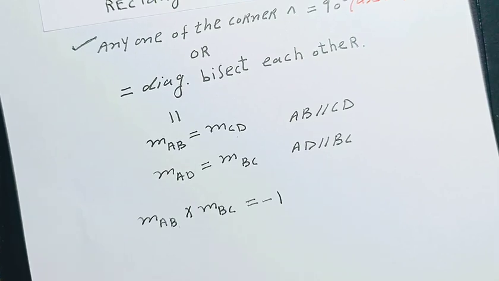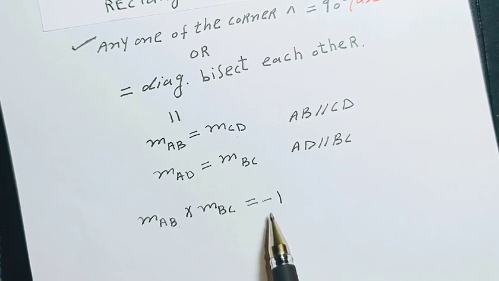So to prove that the angle is equal to 90 degrees, perpendicular, take the gradient of two adjacent sides and multiply. If the answer comes equal to -1, then we can say the angle is equal to 90 degrees. Otherwise not. The answer must be equal to -1.